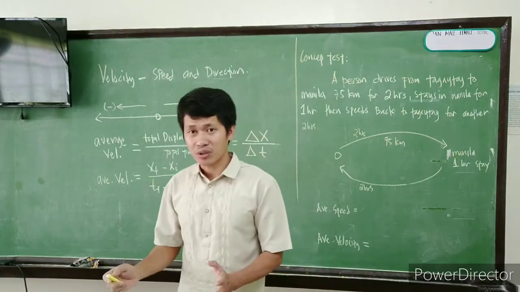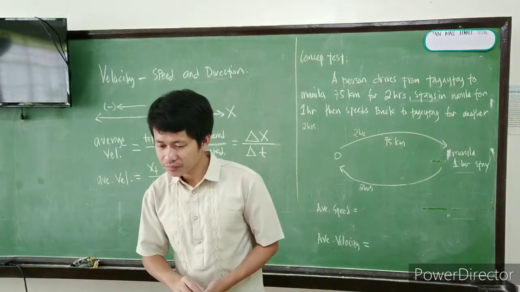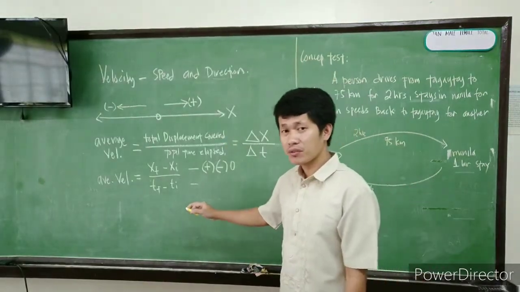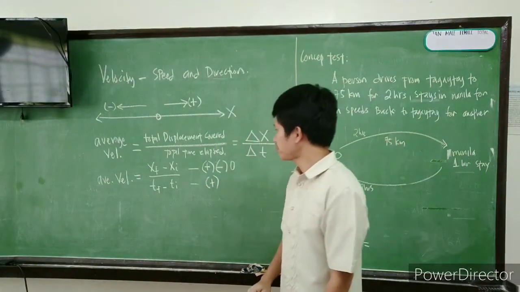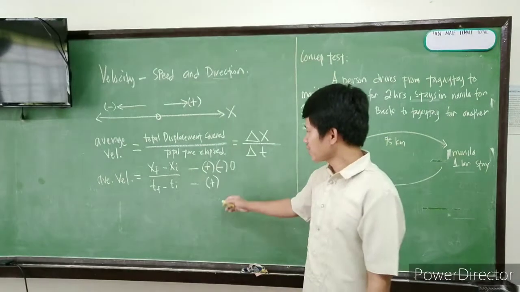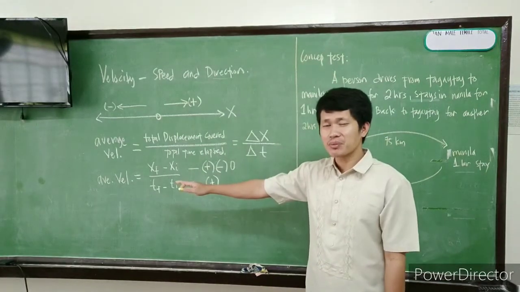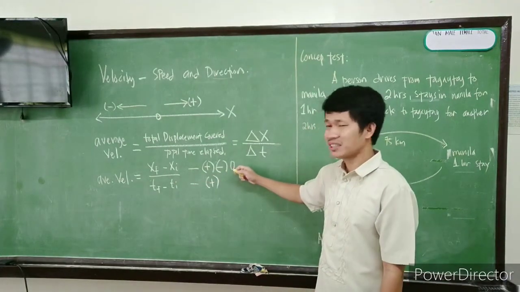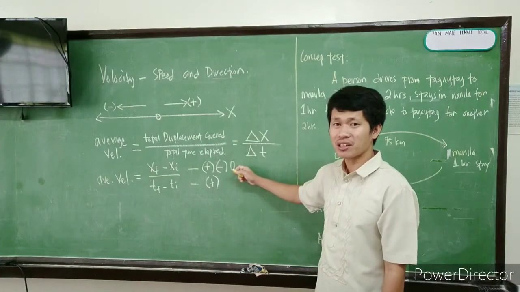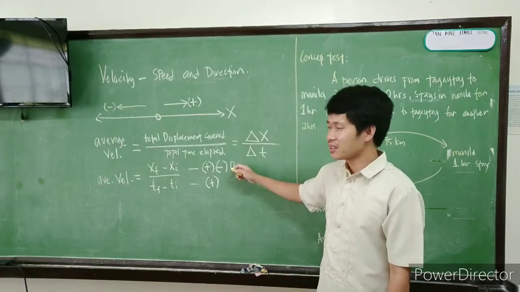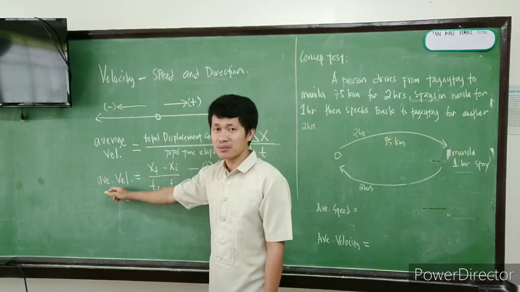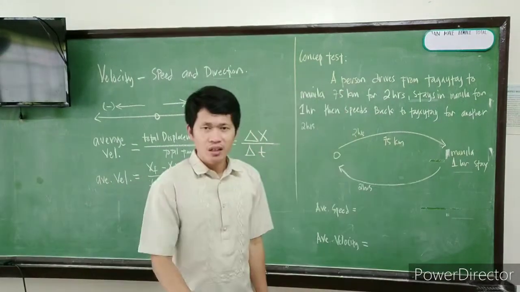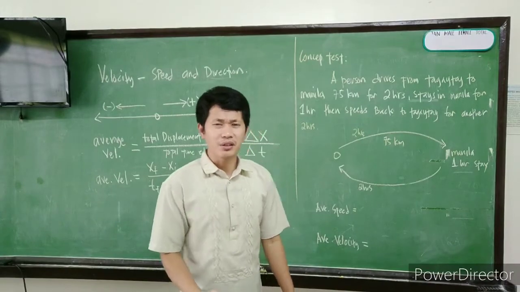Pag ganun man, I'm sure, sira yun. So yung magiging sign ng average velocity will depend on the sign of the change in position. It's positive or negative. Yun yung sign ng average velocity. Alright, so let's have a concept test.